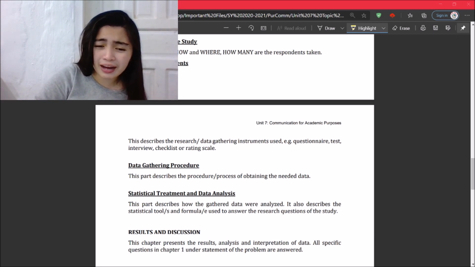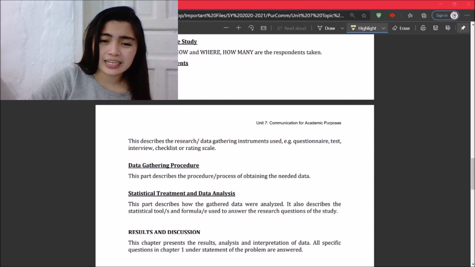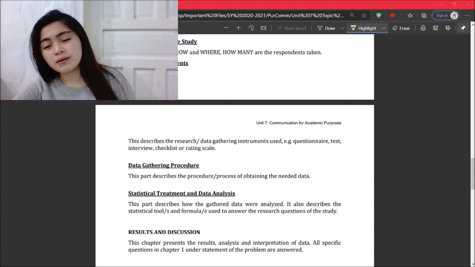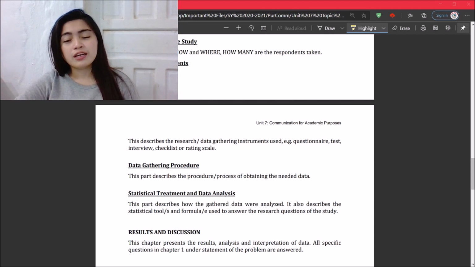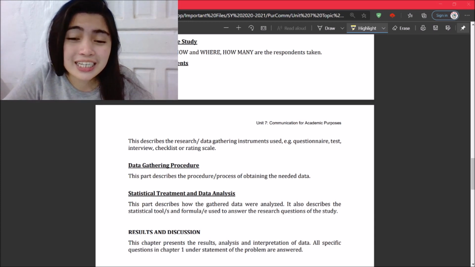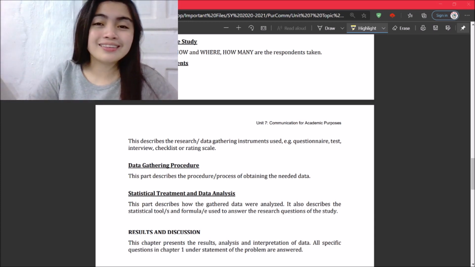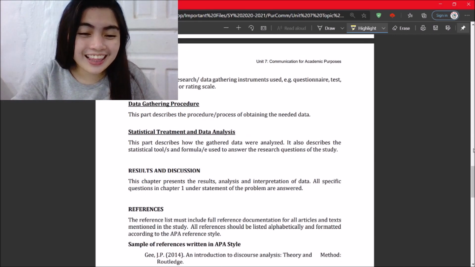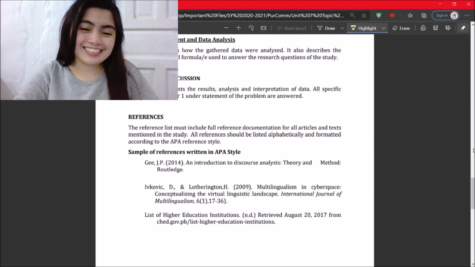And then, we have data analysis, yung ANOVA, frequency, weighted means, percentage distribution, that I cannot explain anymore because I'm not a statistician, but I really hope that mag-aral kayo na mabuti sa stat nyo. Warning na yun.